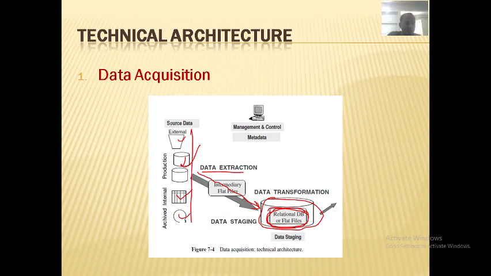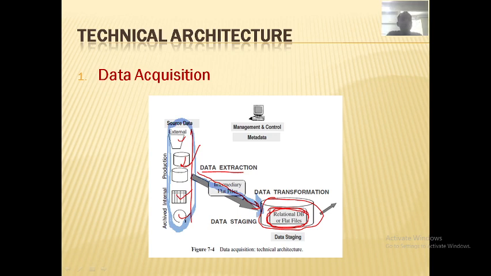These are the data sources, the operational databases. Each of them has different data formats. Now we need to extract the data from these into the data staging area. This is where we need to extract data from all these sources.